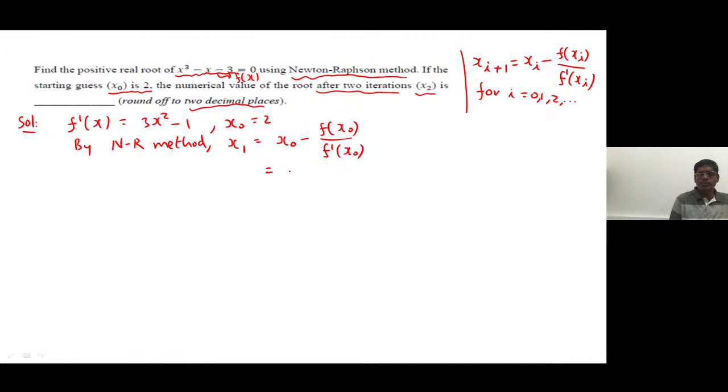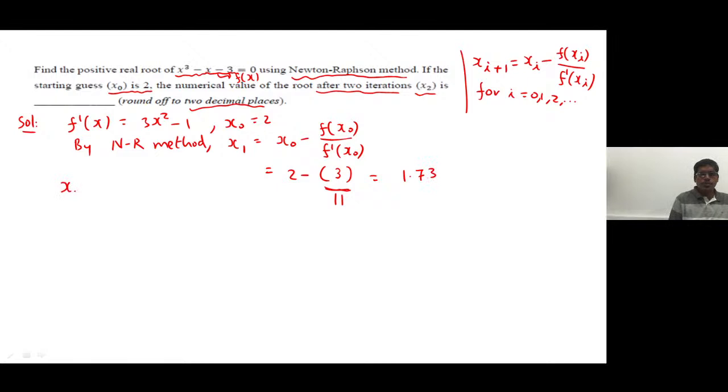What is x naught? 2. What is f of x naught? Put 2 here. 8 minus 2, 6 minus 3, 3. What is f dash x naught? That is, put x equal to 2. 3 into 2 square, 12 minus 1, 11. So this is 2 minus 3 by 11. That is 22 minus 3, 19 by 11. So approximately, please check, 1.73.